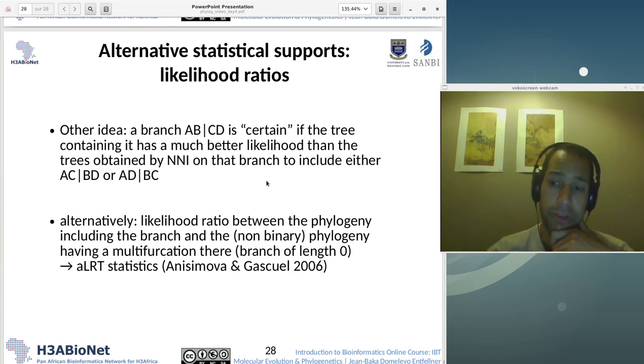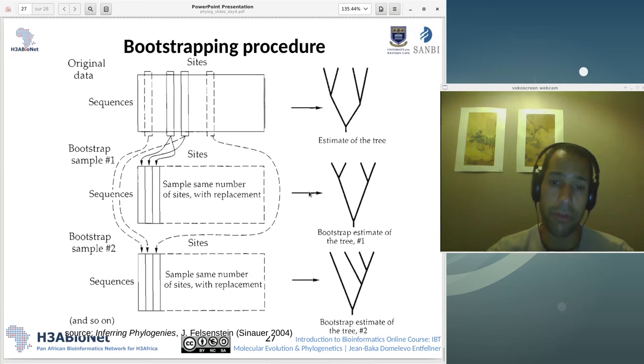bootstrap, and this alternative is much cheaper in terms of computation cost, because you know that calculating the likelihood of a tree is expensive, even if in this case we have to do this inference process, to calculate the best tree giving the best likelihood if we are in the framework of maximum likelihood.